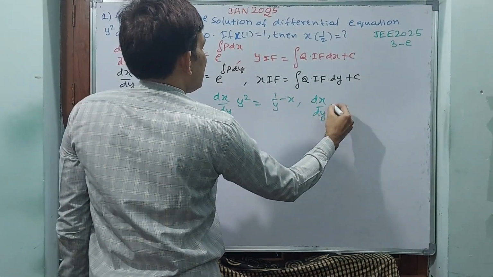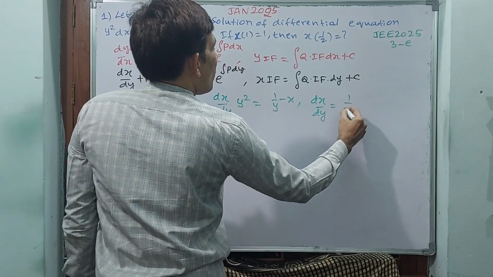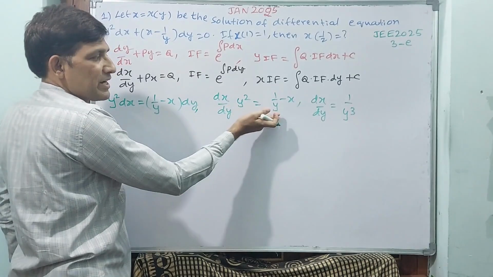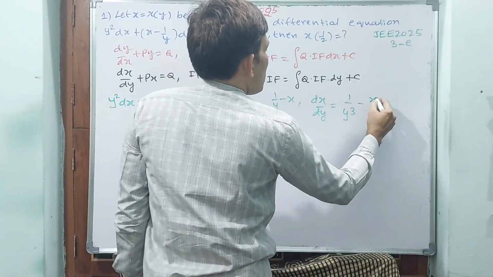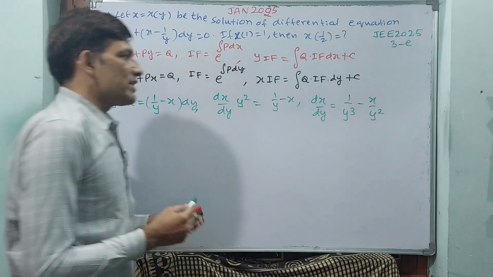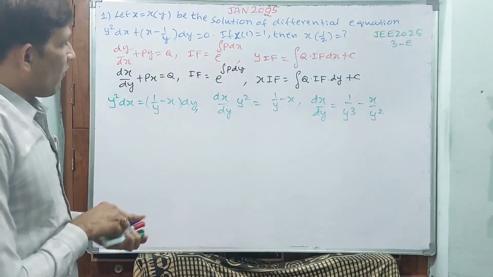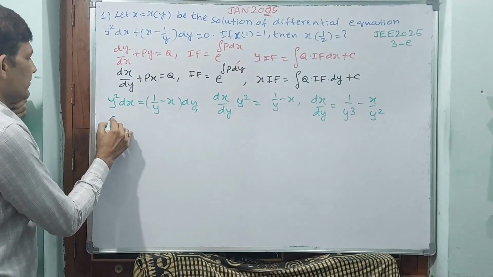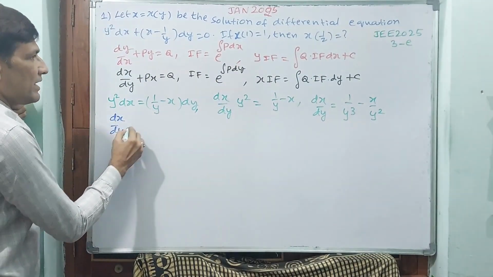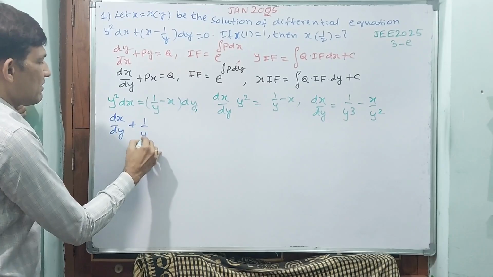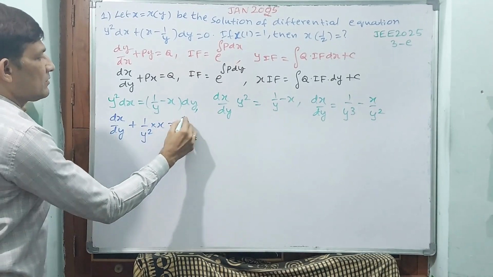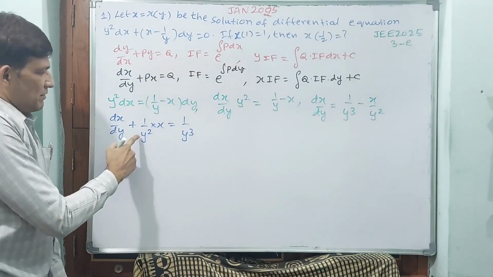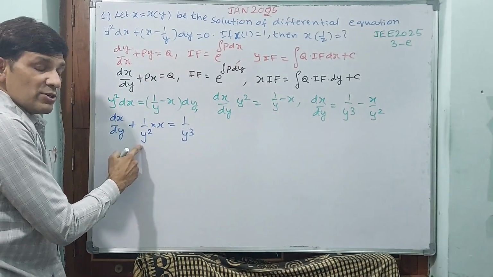dx by dy is equal to 1 by y cube. Why? Because if you divide by y square, this is going to be eliminated, but here it is going to become y cube, and minus x by y square. Why? Because we are dividing only with y square. Now bring minus x by y square to this side: dx by dy plus 1 by y square into x is equal to 1 by y cube. Now p is your 1 by y square.